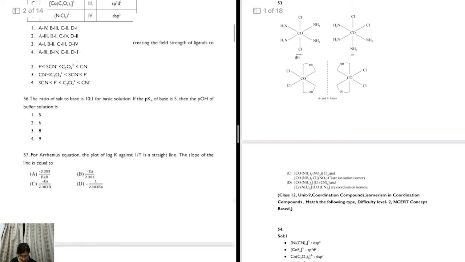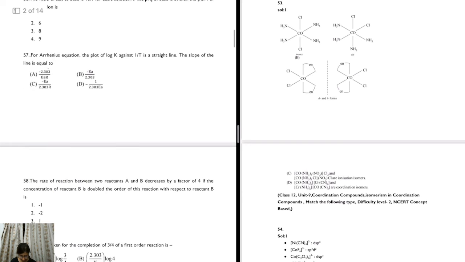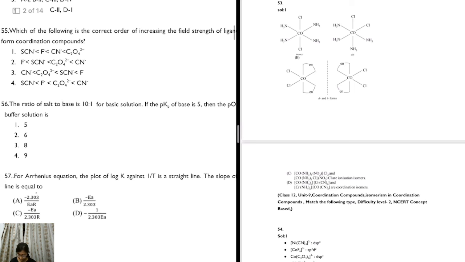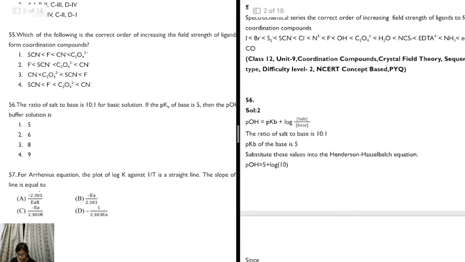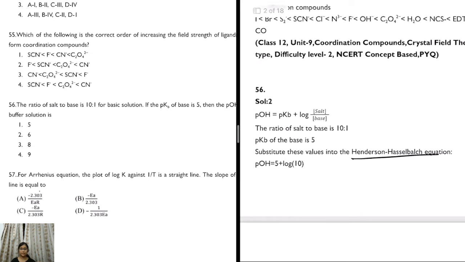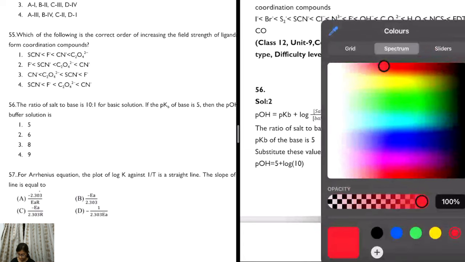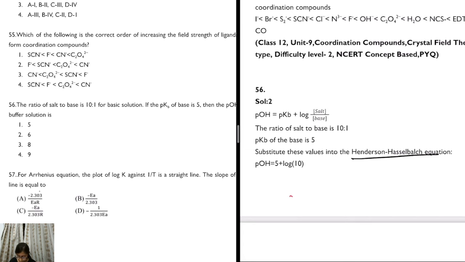So we will be using the Henderson-Hasselbalch equation here. So the equation would be pOH equals pKb plus log of the ratio of salt and base.